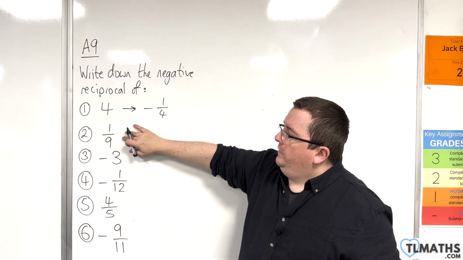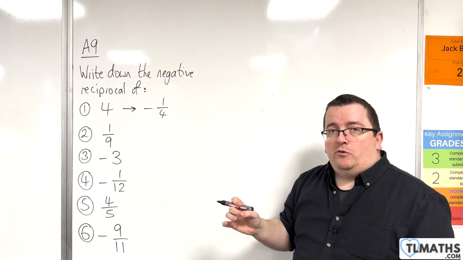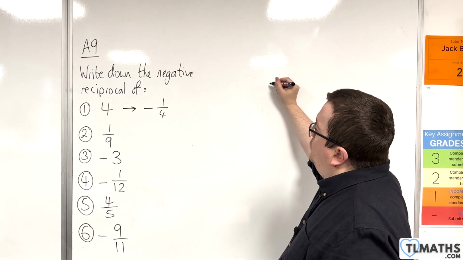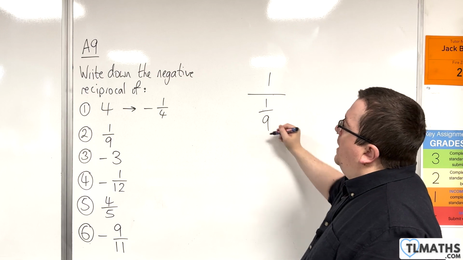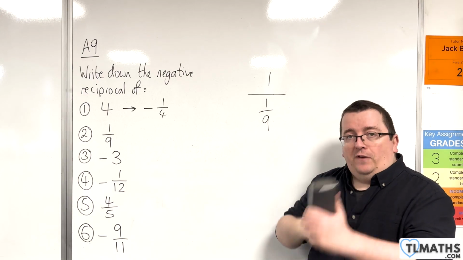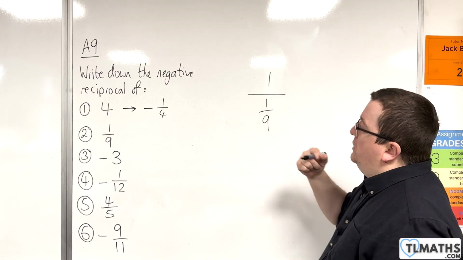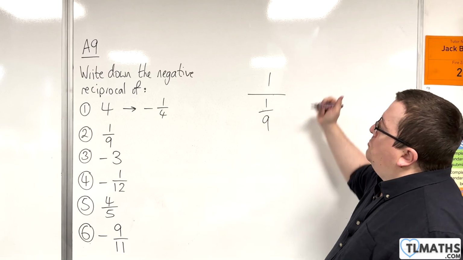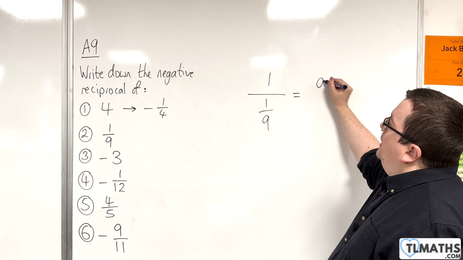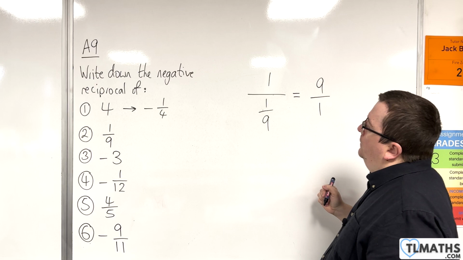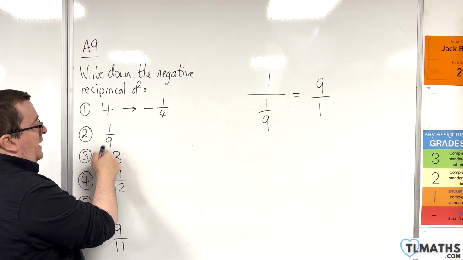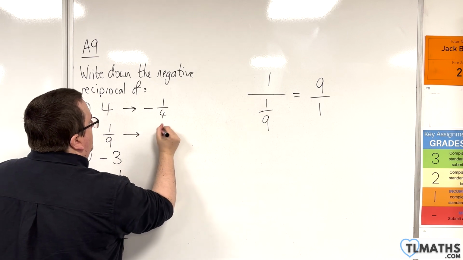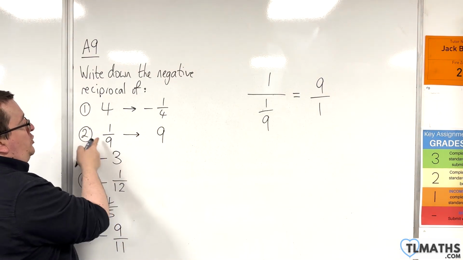Now for 1/9, first of all, the reciprocal. Well, the reciprocal of 1/9 is 1 over 1/9. Now what that does is it flips the fraction round. So the denominator becomes the numerator, the numerator becomes the denominator, and you get 9 over 1. So the reciprocal of 1/9 is 9, but we need to change the sign as well.